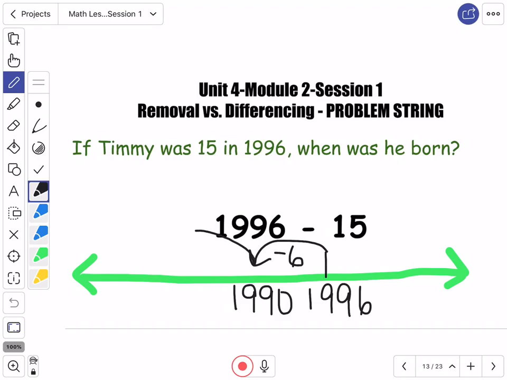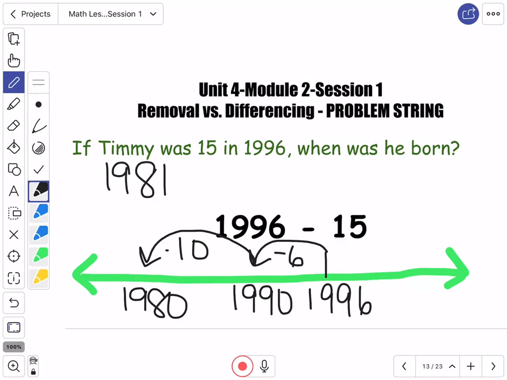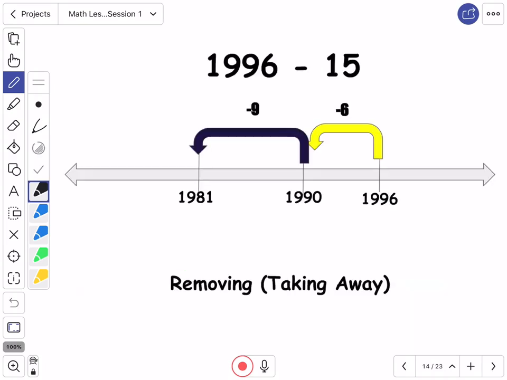So if I jump backwards to 1980, I will have gone 10 years. So that's actually 16 years. So it appears that Timmy was born in 1981. So I'm going to go ahead and see if I'm correct, okay?